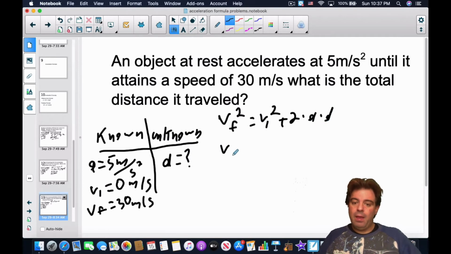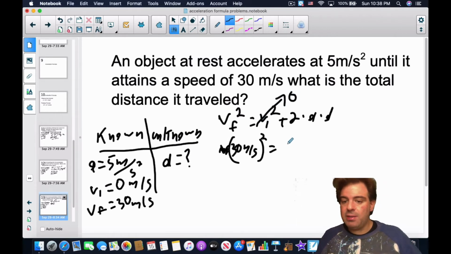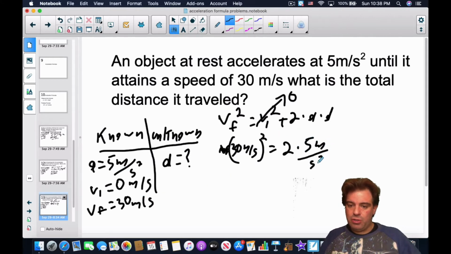So velocity final, of course, is going to be 30 meters per second, and we're going to square that, equals velocity initial. Now it's going to be 0 squared, so I can just simply go right ahead and omit this, so I can also save some space. 2 times the acceleration now, which is 5 meters per second squared, times the distance, and that's what we're trying to find.